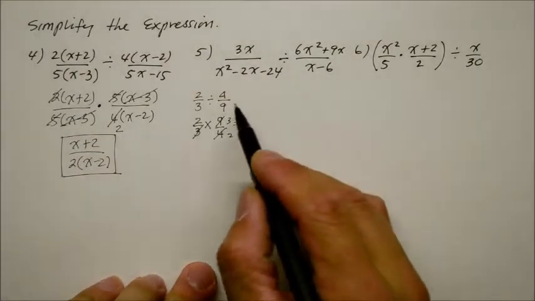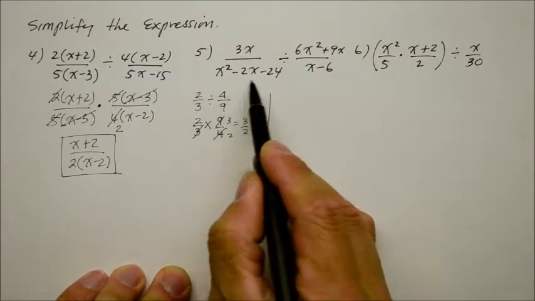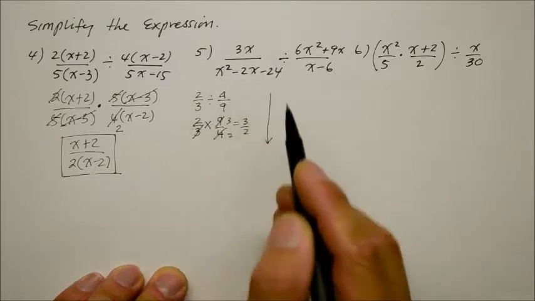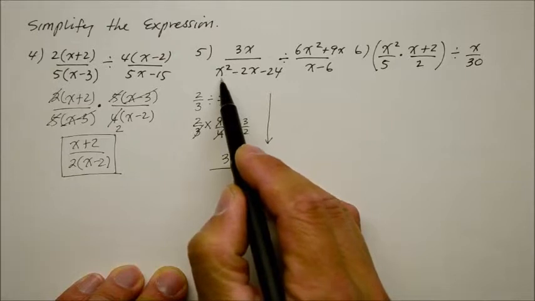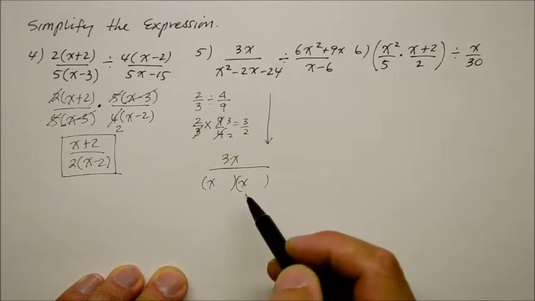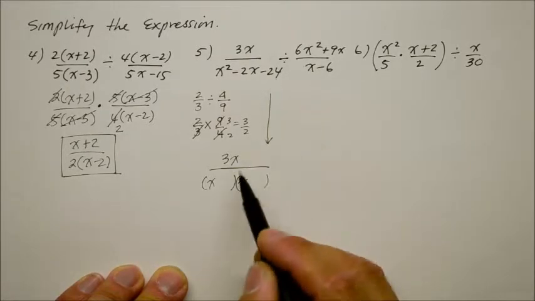Okay, number 5, since I took up the space over here, let's bring it down this way. And let's factor this trinomial on the bottom. Okay, we're seasoned veterans now, we could do that. So we get 3x, and the bottom, what times what is x squared? I would say x and x. What times what is 24?